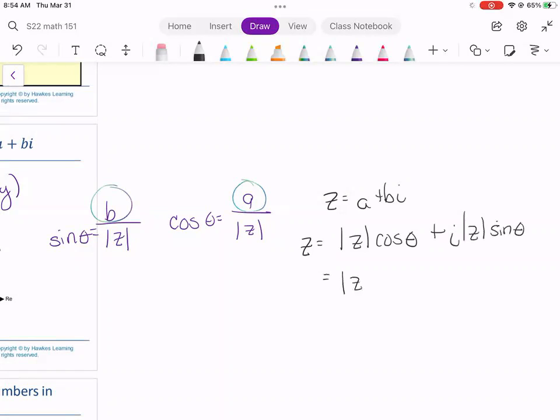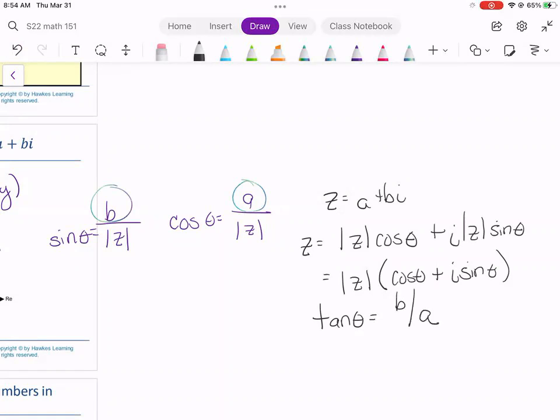Or you can think of it as the magnitude of z times the cosine of theta plus i sine of theta. Remember, z is that magnitude, and then we can define the tangent of theta is b over a.